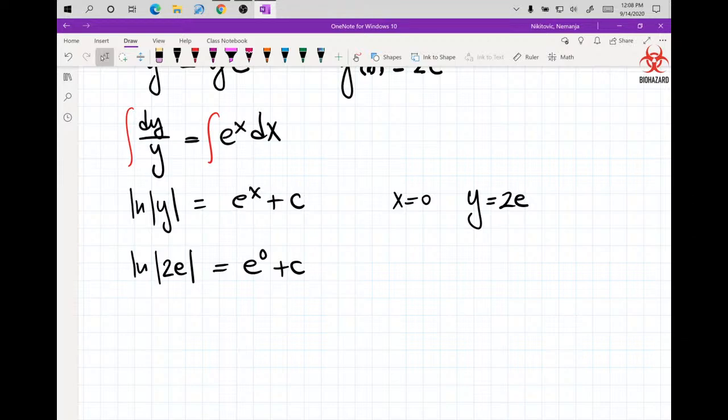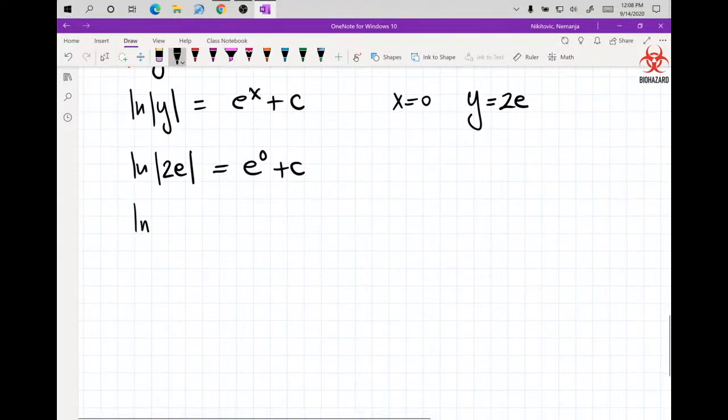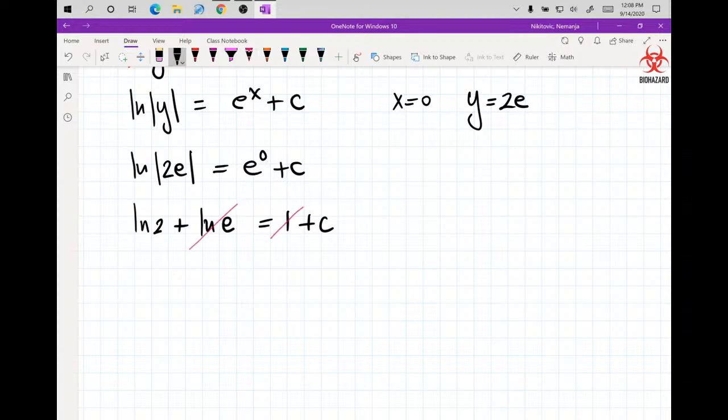So now this breaks down, if you know your pre-calc, into ln 2 plus ln e equals 1 plus c. Ln e is 1, so these two would cancel when you subtract 1 on both sides. And you get c is ln 2. So the solution is ln absolute y is equal to e to the x plus ln 2.